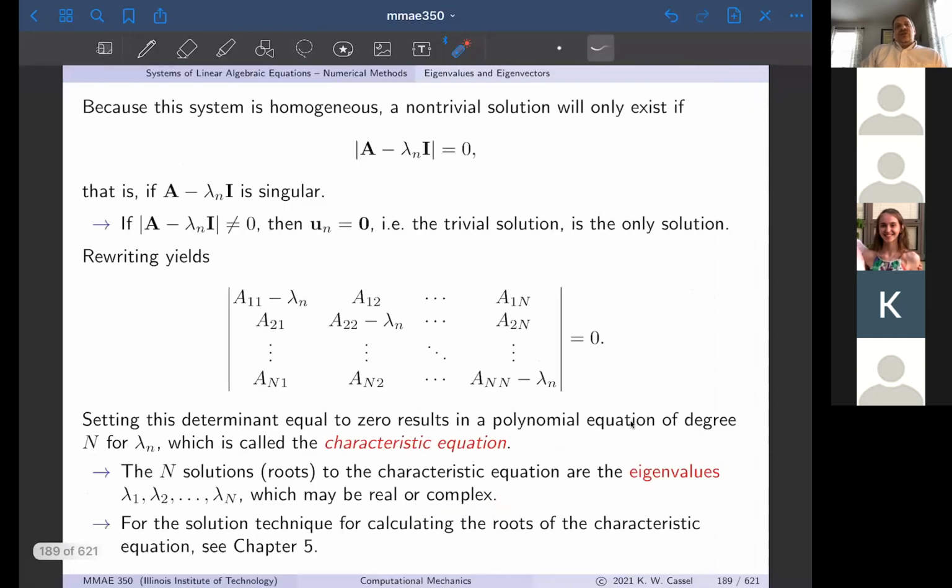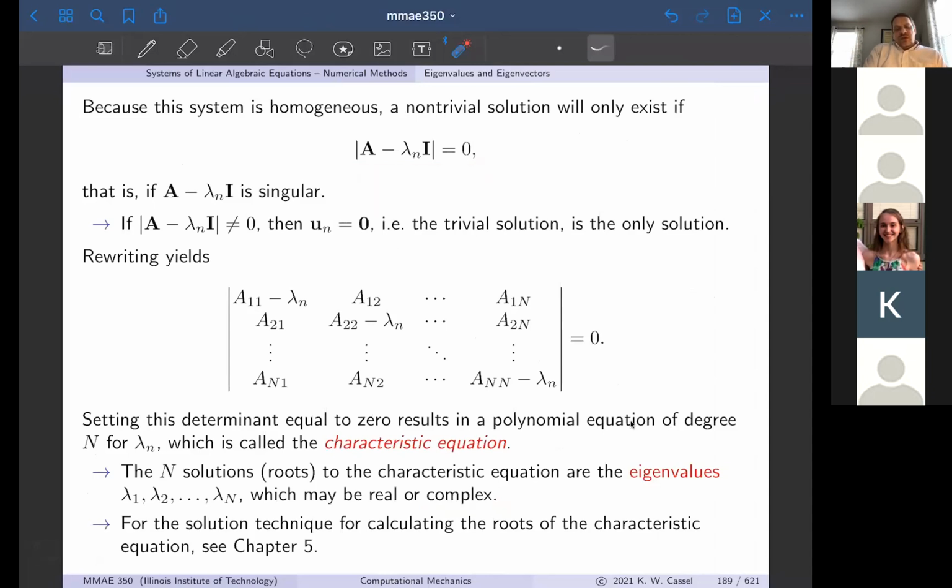So for that to have a solution, walking through our system of linear algebraic equations diagnostics, it has to be singular. A minus lambda I must be singular. So let me walk us through that.